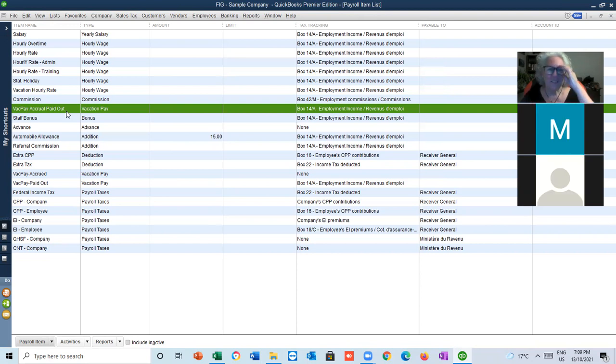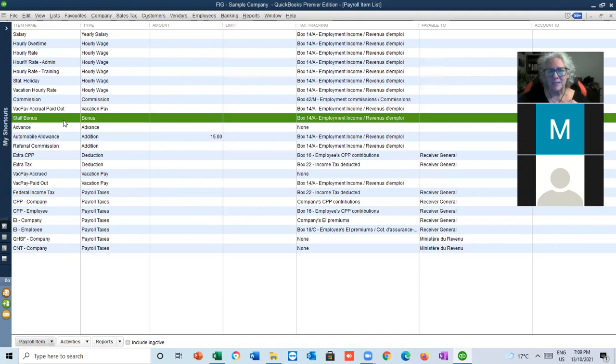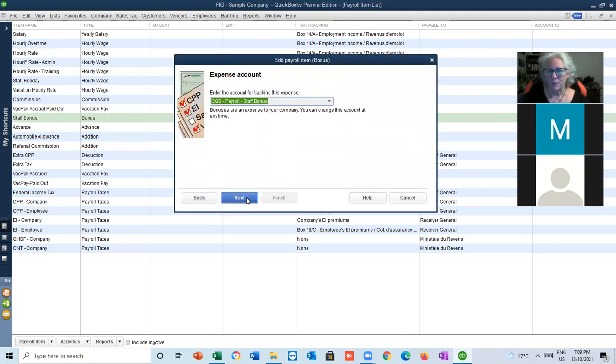Thank you. And so what happens here is this is where you just want to make sure that everything's tagged. So if there's a staff bonus, just follow through the prompts, and now there's an account called staff bonus. If you have a lot of staff bonuses, you might want to have a separate account, so you would go to your chart of accounts and create that payroll account.